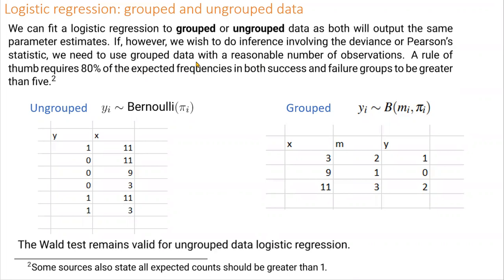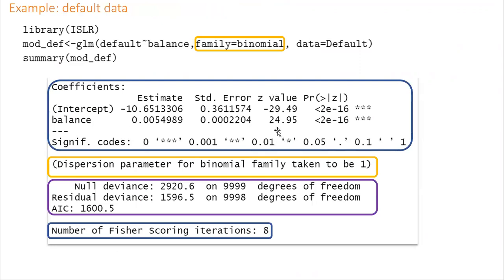As I said, to remind you, in theory the usual likelihood ratio asymptotics doesn't hold, because n is increasing, but your degrees of freedom on this chi-square is n minus p, so that's also increasing. Although in ungrouped data you can't use this deviance statistic, you can still use the Wald test, i.e. this guy here. That's called a Wald.